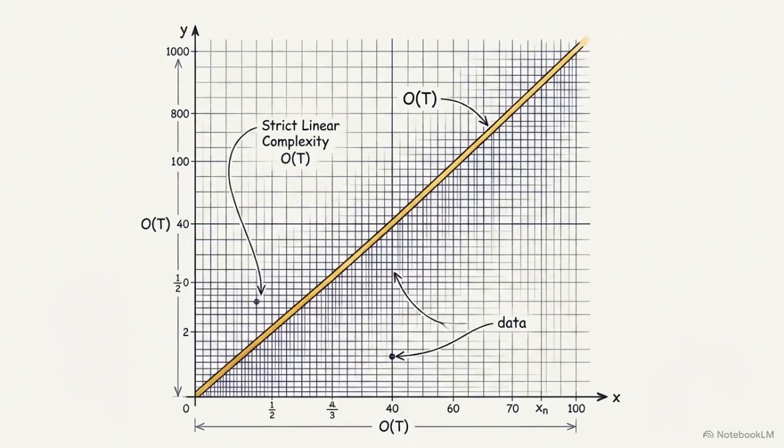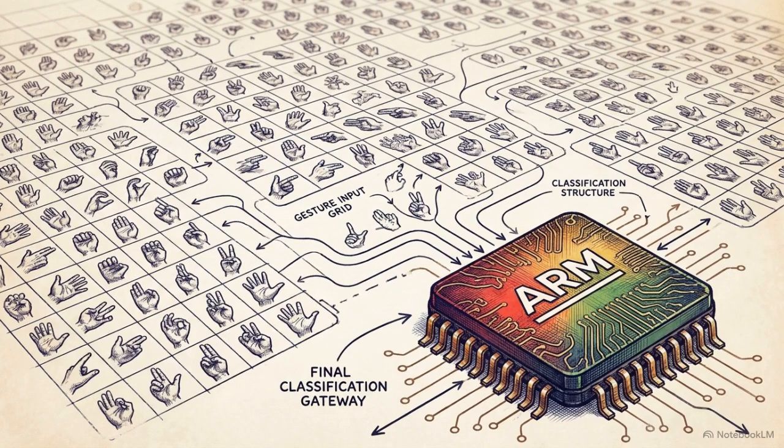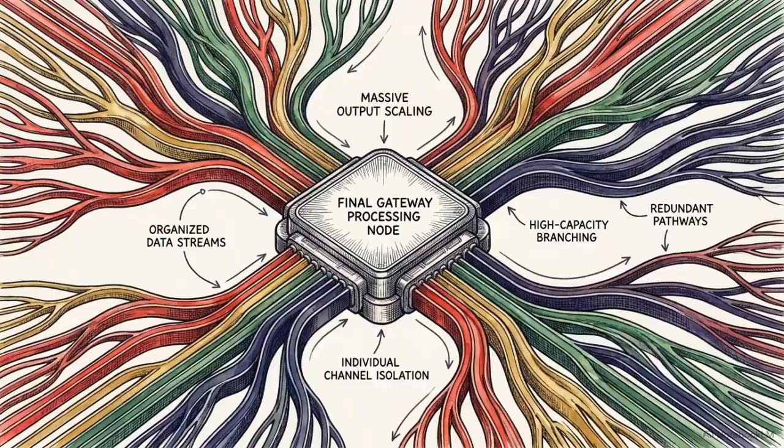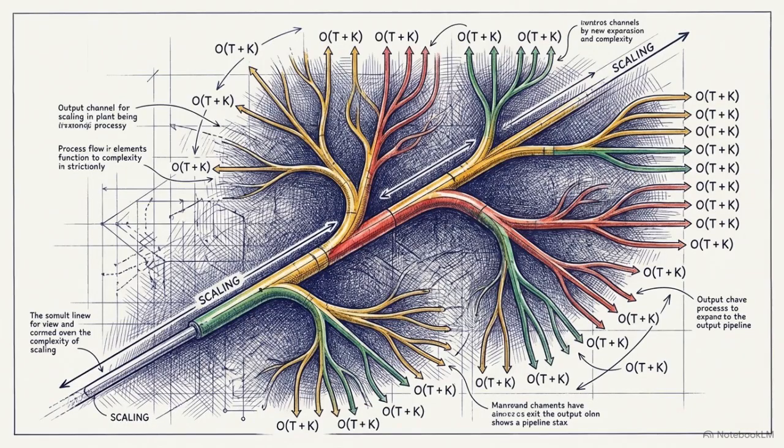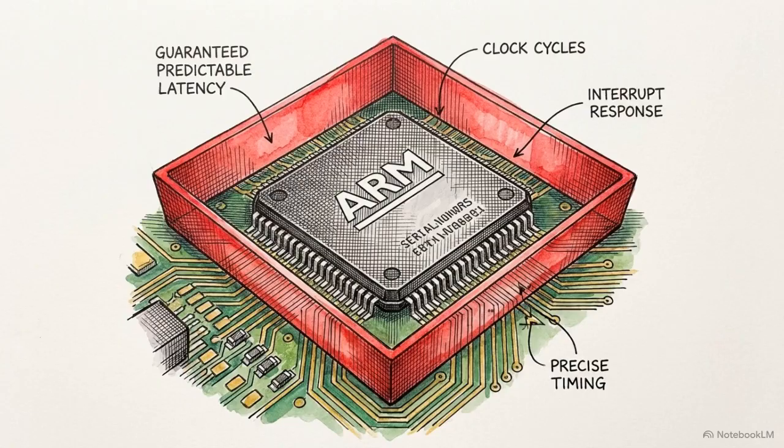This means its computational cost scales strictly linearly with the length of the video, O(t). The only component that scales with the size of the sign language vocabulary is the final classification layer, making it O(k). Adding those together gives a total spatial and temporal inference complexity of O(t + k). It guarantees the predictable latency and strictly bounded memory usage required for microcontrollers.